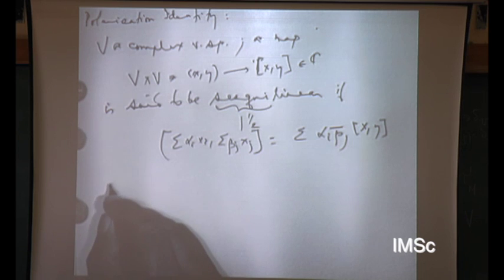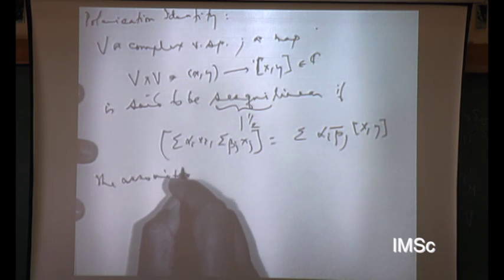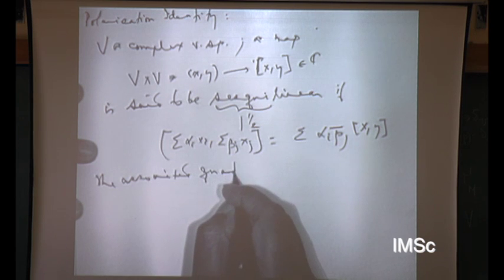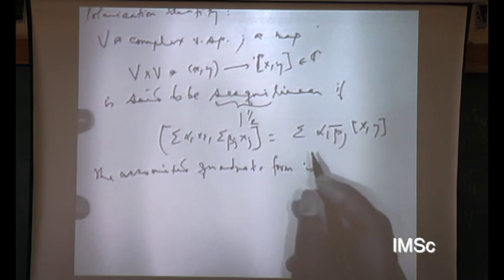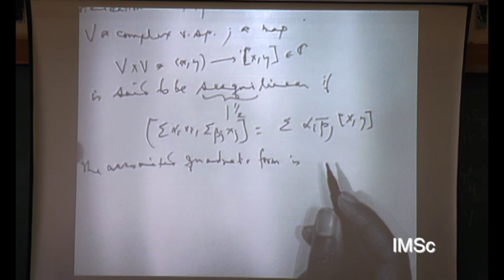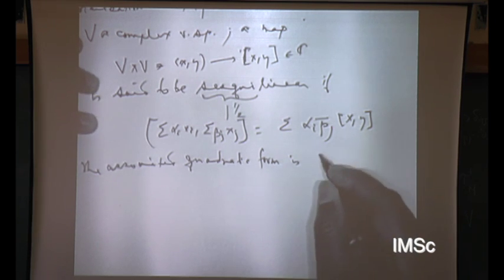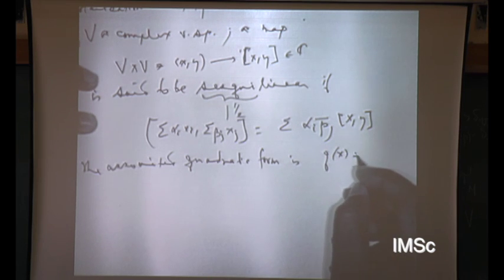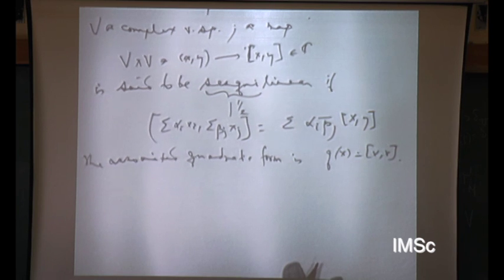And given such a sesquilinear form, the associated quadratic form is q(x) equal to (x, x). Okay.